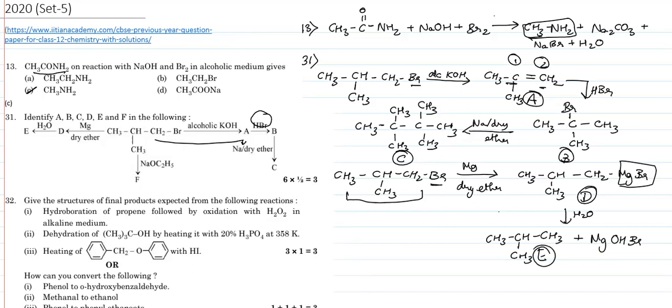The last one is F, that is CH3, CH, CH3, CH2, Br, CH3, reacting with NaOC2H5. Now, when I was preparing my notes, basically I just take the textbook and use it to solve these questions. And when I was trying to solve this one, it was actually quite difficult for me.